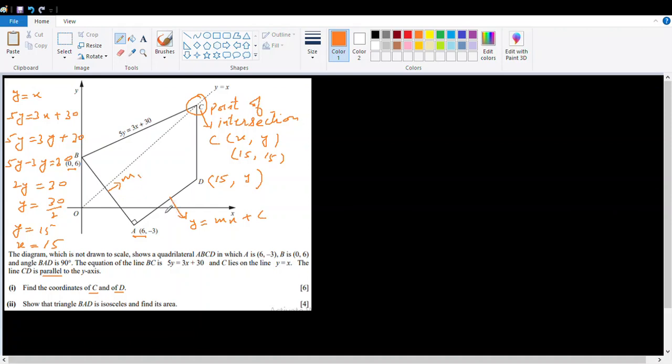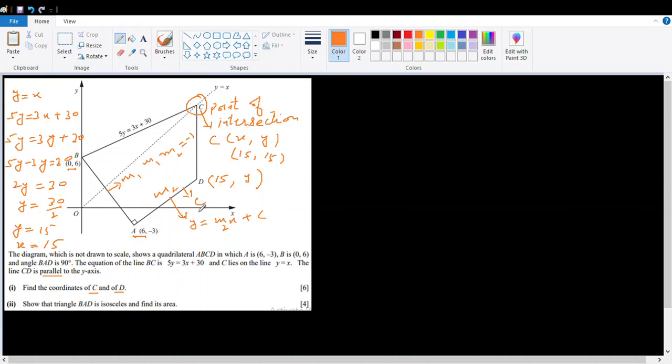If we call the gradient of line AD m2, we will find m2 by using the formula m1 m2 = -1, because these two lines are perpendicular to each other. Then we will find the value of c for this line.